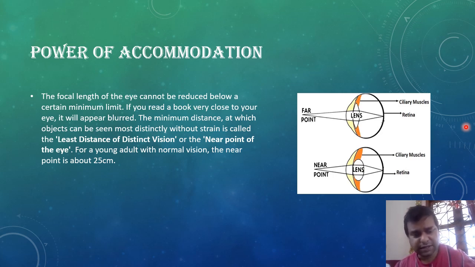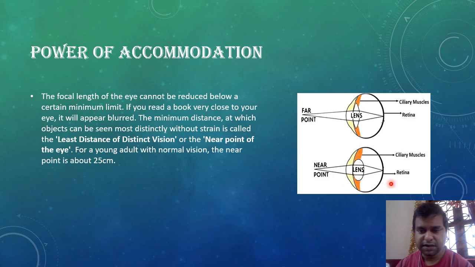I can't see. Some people can't read a book at all, then they need specs. Now, the minimum distance at which we can see objects very clearly without straining our eyes is referred to as the least distance of distinct vision, or it is known as the near point of the eye. See over here, the near point of the eye. This is how the lens looks, and these are the ciliary muscles.